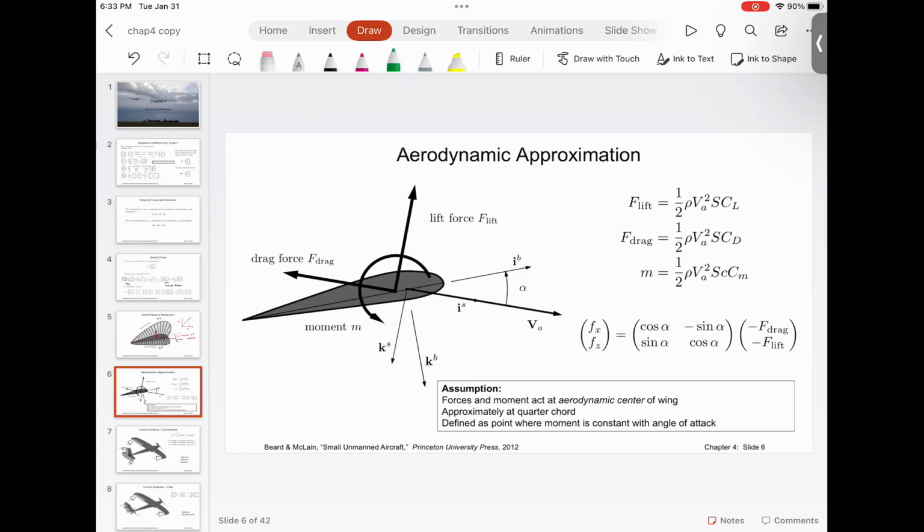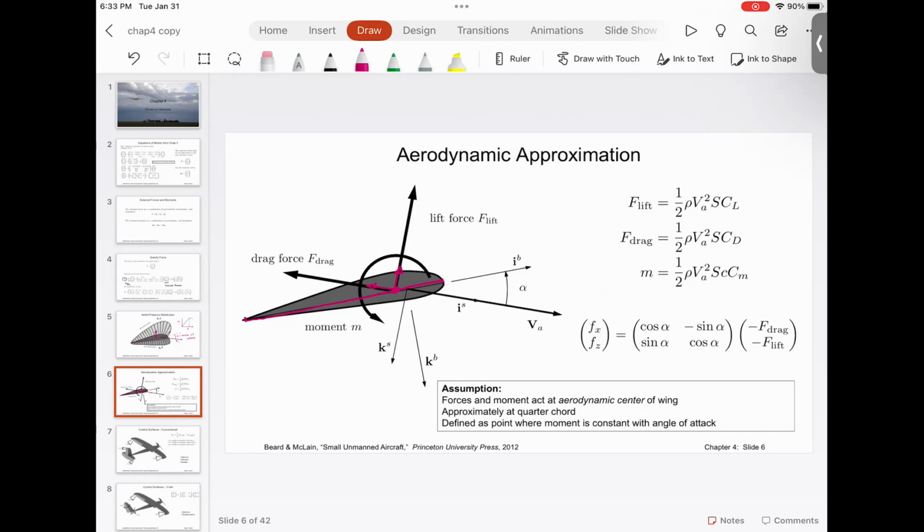This is called the chord of the airfoil, from here to here, and we assume that the lift force and the drag force are acting at the quarter chord length. Everyone understood this? And the angle made by that chord with the air velocity or air speed is called alpha.